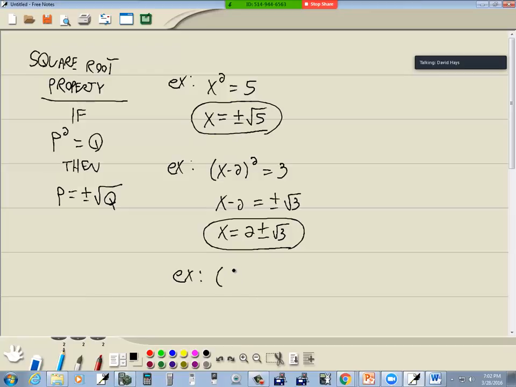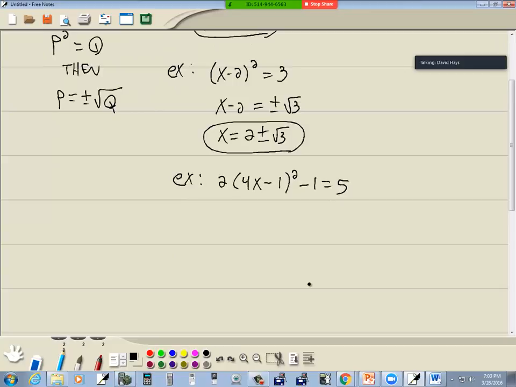Now one of the problems that I noticed is where you had to get the part that's squared by itself. And this would be an example of that. You can only take the square root property if the entire side is squared.